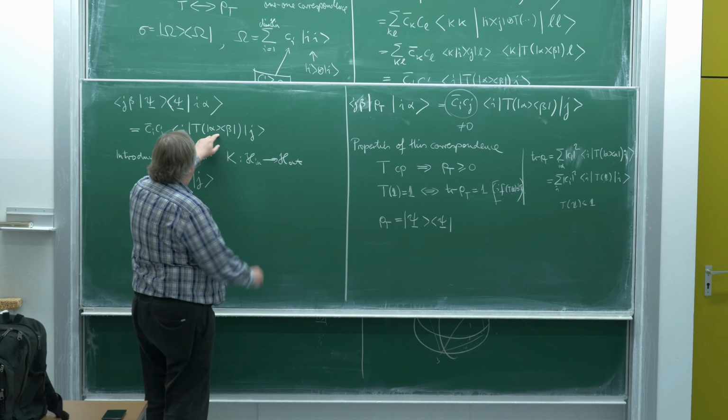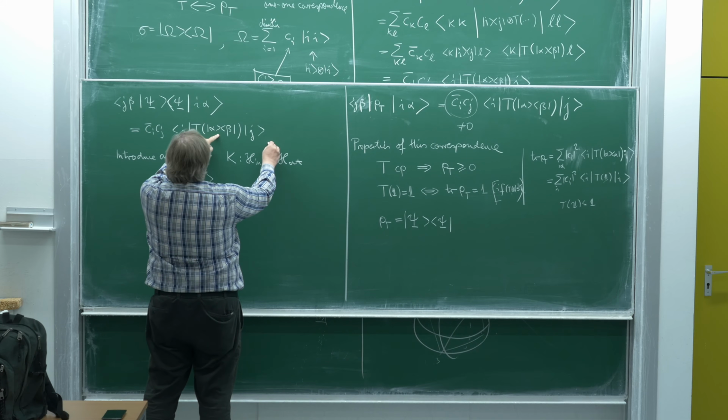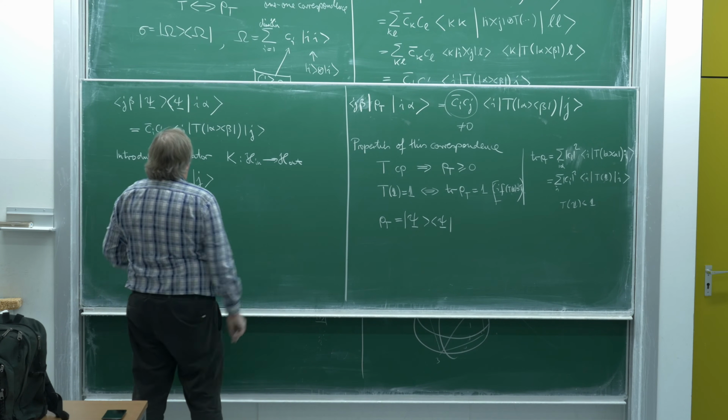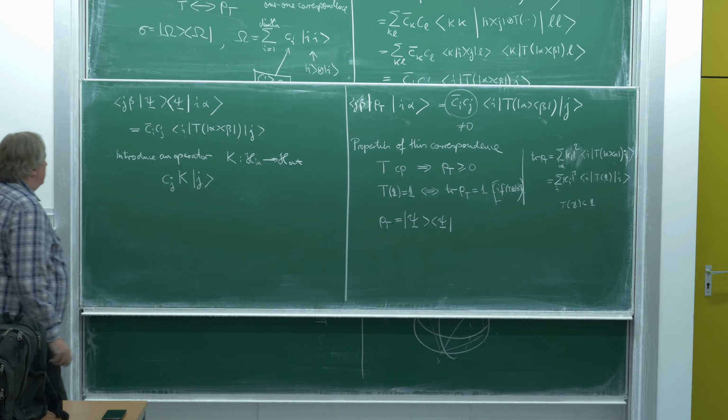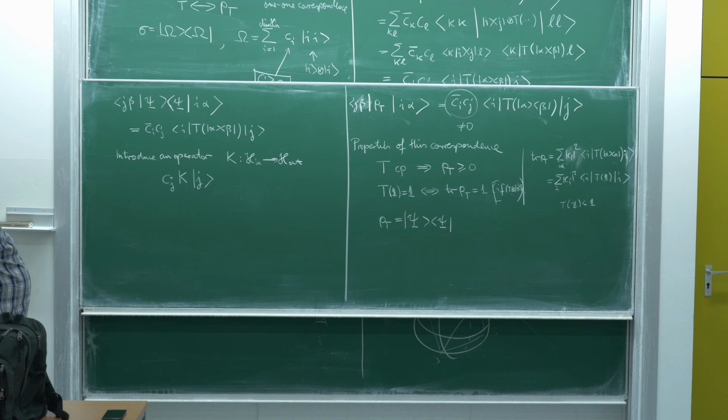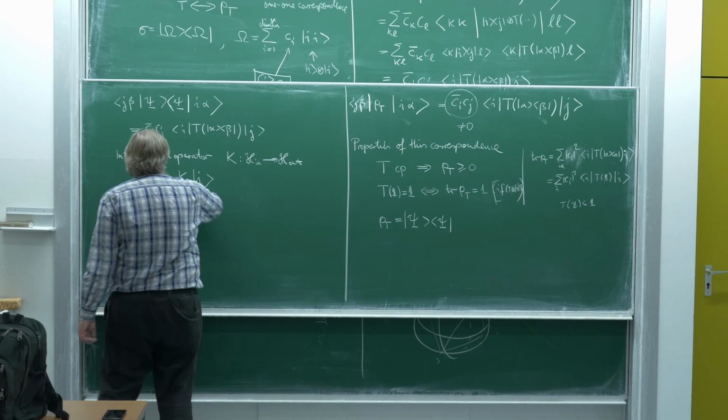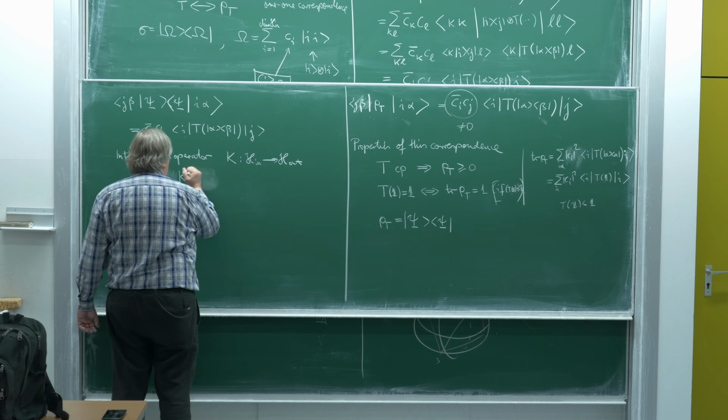I want to interpret this. Basically, I want to associate this guy with a K. Okay, sorry, I have to work this out a little bit.